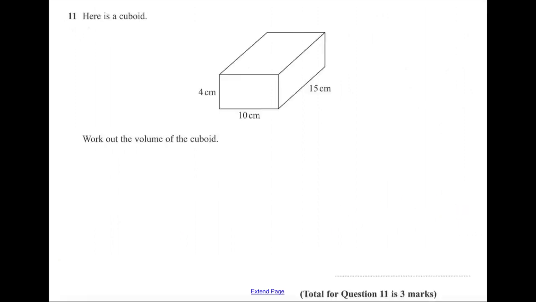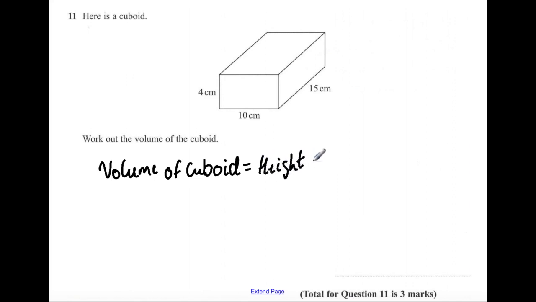Question 11. Here is a cuboid. Work out the volume of the cuboid. To work out the volume of the cuboid, what we need to do is to multiply the height times the width times the length. So let me just write that down. Volume of the cuboid is equal to the height times the width times the length.